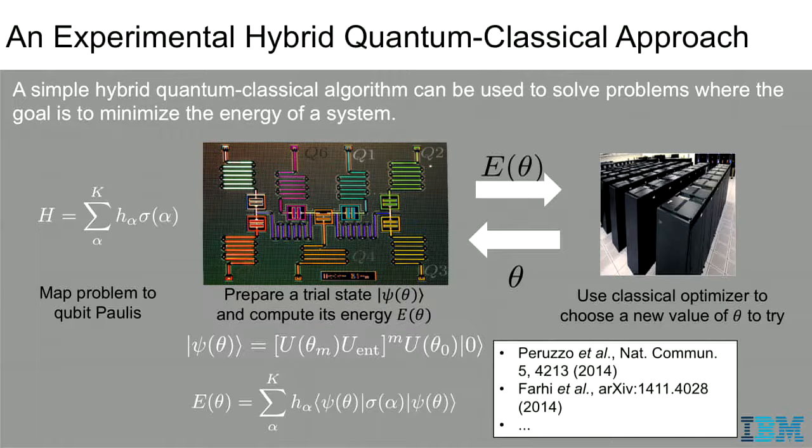And then we prepare some trial state in a hardware-efficient way. And then you do a partial state tomography to obtain the energies. And you feed it to the classical computer. And then from that, using a classical optimization, you come up with different parameters. And you run the experiment over and over to minimize the energy.